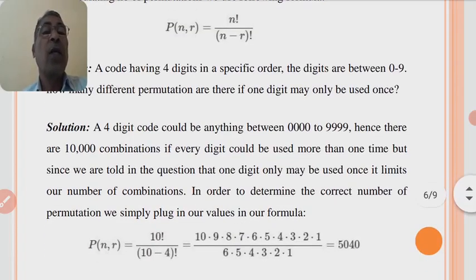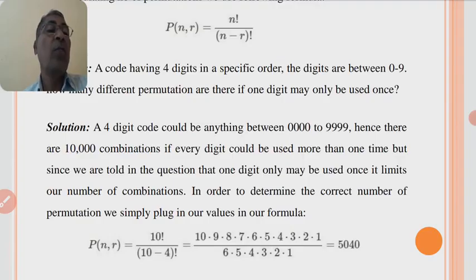Solution. A 4-digit code could be anything between 0000 to 9999. Hence, there are 10,000 combinations if every digit could be used more than one time, but since we are told in the question that one digit may only be used once, it limits our number of combinations.